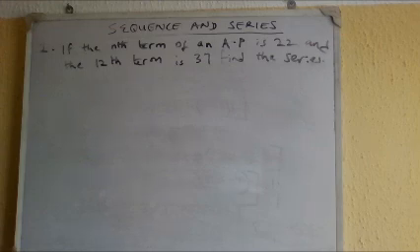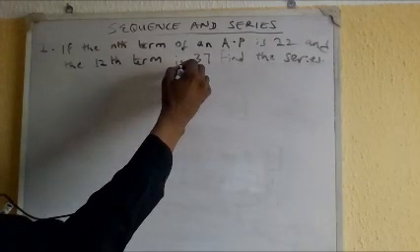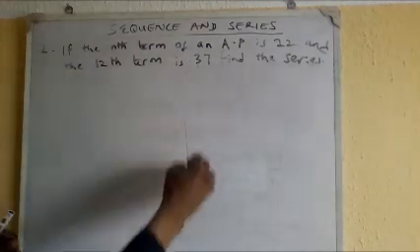So let's look at it. So if the nth term of an AP is 22, and the 12th term is 37, find the series.